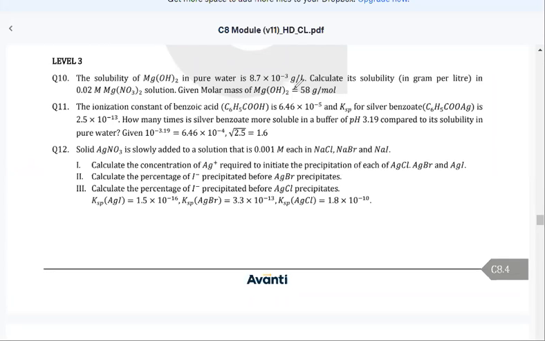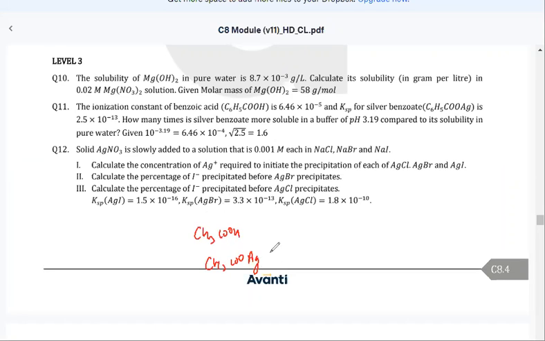So let's see what we will do. First, what is the reaction? Okay, everyone, the reaction is benzoic acid, and Ksp of silver benzoate is this. So C6H5COOH, right?